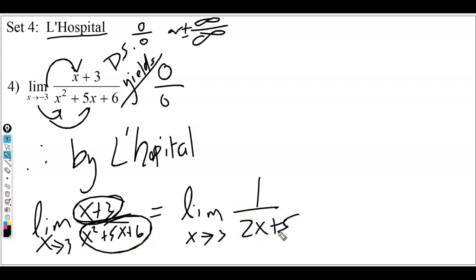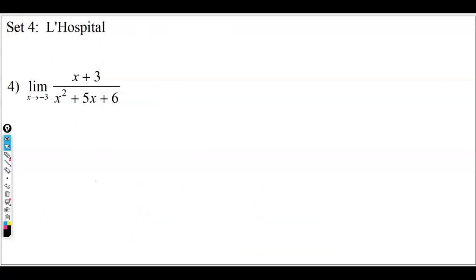That's L'Hopital's rule. Before I go any further, if direct substitution gives you 0 over 0 or infinity over infinity, you're going to say, oh, direct substitution yields an indeterminate form. So by L'Hopital's rule, the limit we're trying to find is equal to the limit of derivative of the top over derivative of the bottom. Then you go ahead and do your direct substitution.